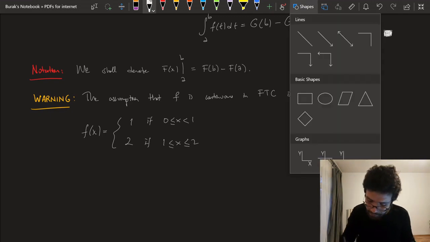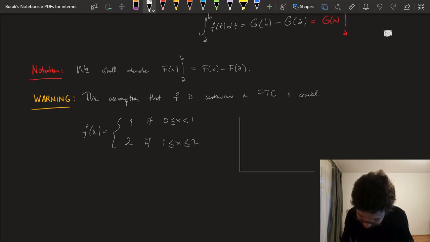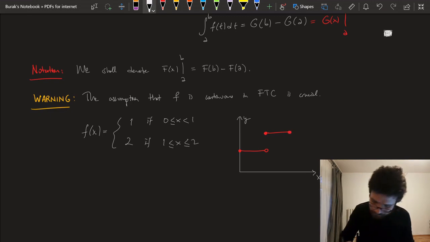So here is how f looks. This is 2, this is 1, this is 1, this is 2.